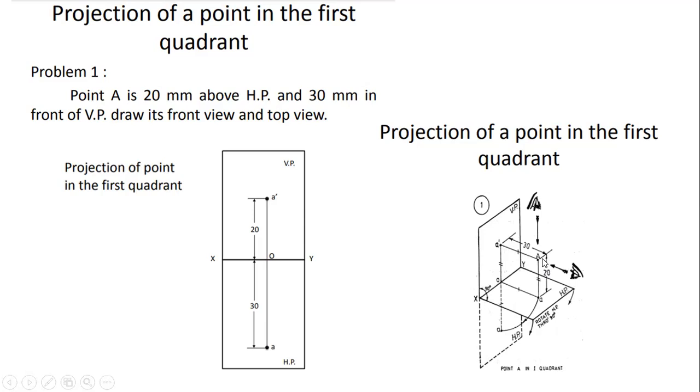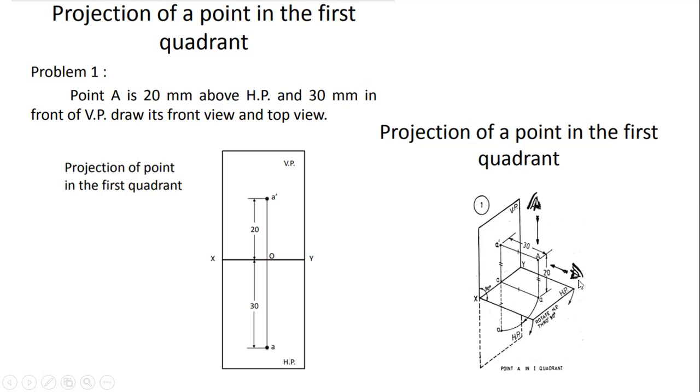So now referring to the pictorial projection, the 3D projection. Consider the vertical plane and horizontal plane, and this is the observer viewpoint. The final object, say point A, is positioned in space between the vertical plane and horizontal plane with the coordinates, the distances that are given here: 20 mm above the horizontal plane and 30 mm in front of the vertical plane.